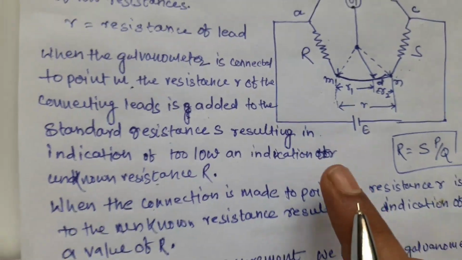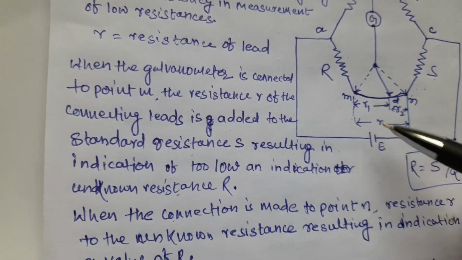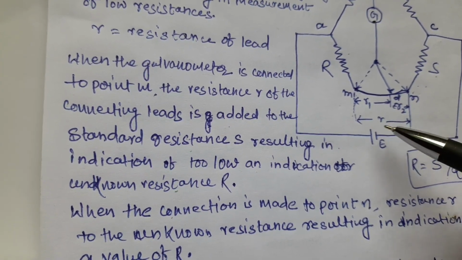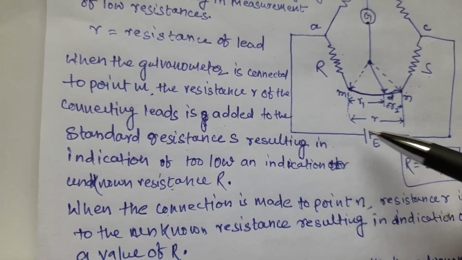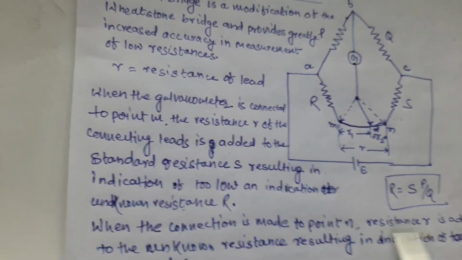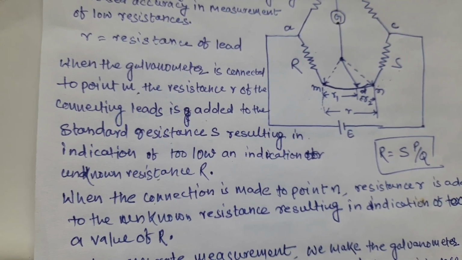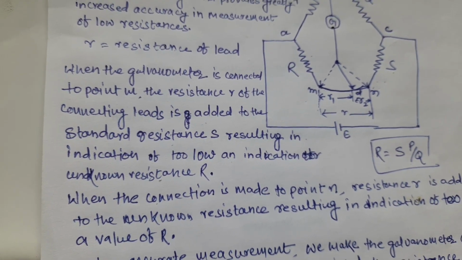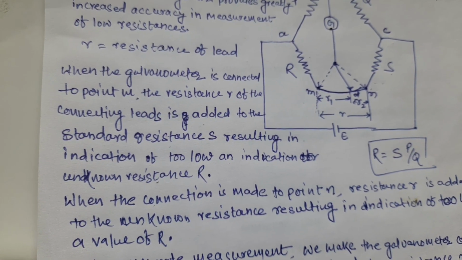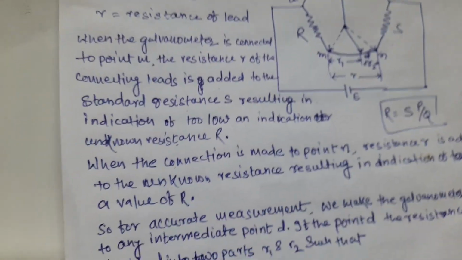So if you connect the galvanometer terminal at point N, we get a high value as compared to the true value. If you connect the galvanometer terminal at M, then this small r, the resistance of the wire, is connected with the standard resistance. So there is an error due to wire resistance.